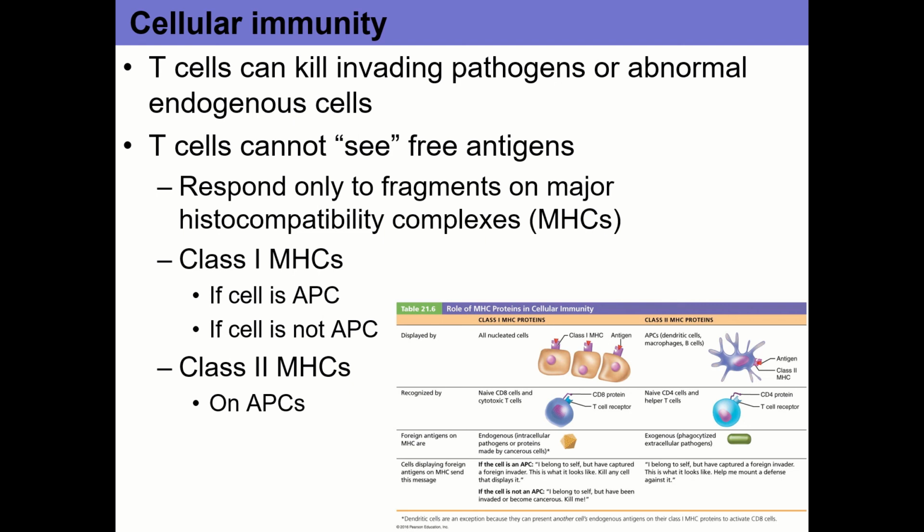Similar concept with the T cells. There's two types of T cells. One of the things to not let throw you is that the book talks about CD4 cells and CD8 cells. The two types of T cells are the helper T cells, which help in that they activate the other cells. They activate the B cells and they activate the cytotoxic T cells.